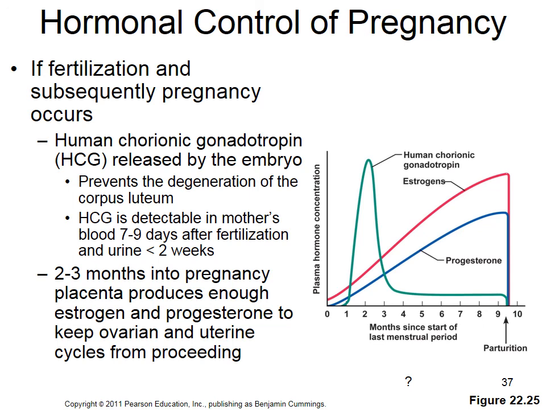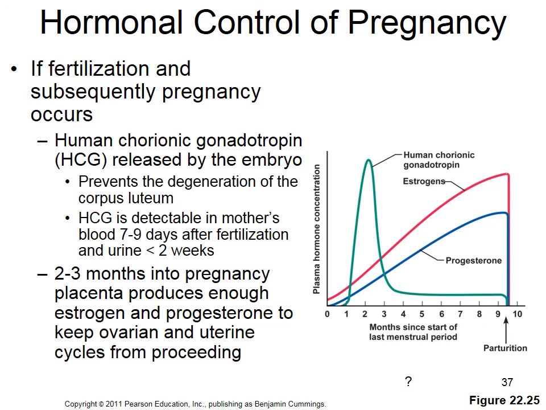What HCG is doing is telling the ovaries, which at this point have a corpus luteum, to stick around. It keeps the corpus luteum really big and fat, producing estrogen and progesterone. So early on in pregnancy, the embryo produces HCG, which keeps the corpus luteum around, and the corpus luteum is producing estrogen and progesterone.